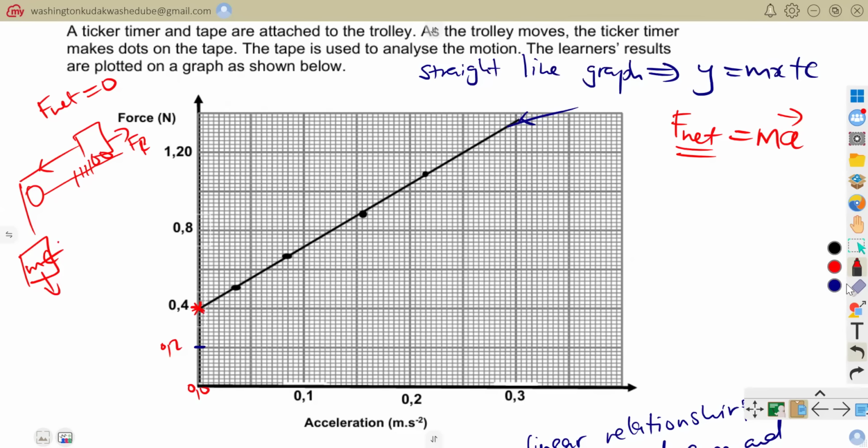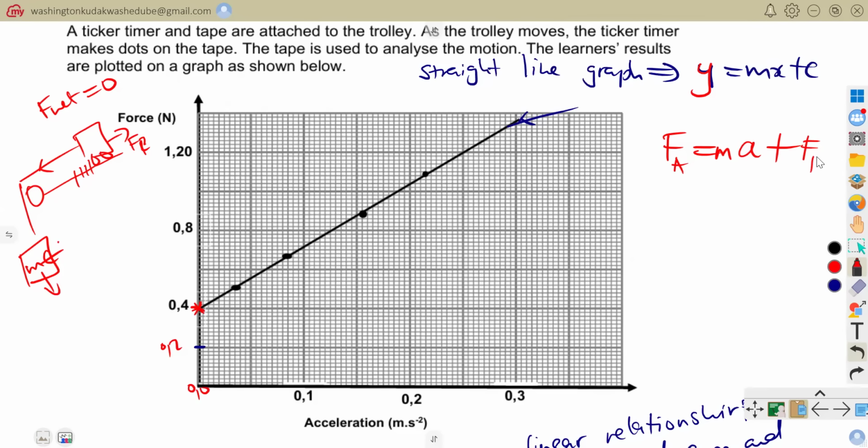Okay. I can now say, let me remove F net, because if I say F net, it will not make sense. So I'm saying that on my y, I'm having my force applied, and on my x-axis, I'm having acceleration. Therefore, this will be my mass. And then I've got a y-intercept, which I'm calling c.